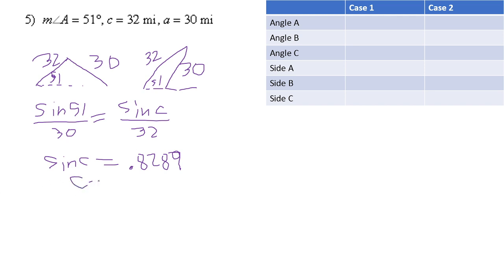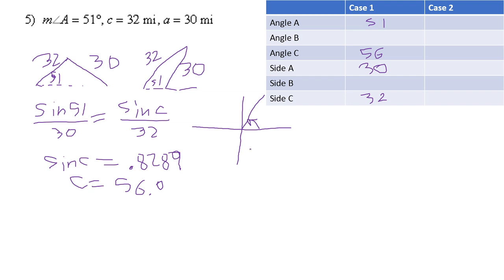You get that angle C is 56. So we can go and fill this in as case 1. Angle A was 51, angle C is 56, side A is 30, and side C is 32. If you remember, where we run into trouble is because 56 degrees gives us this angle, right?